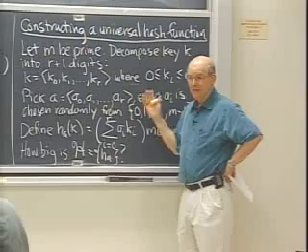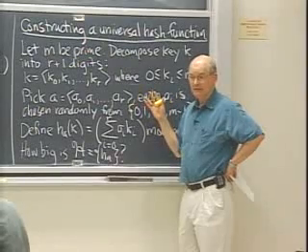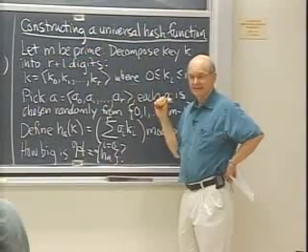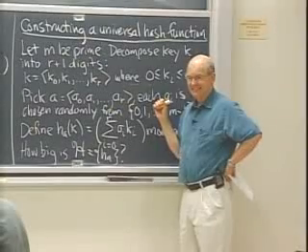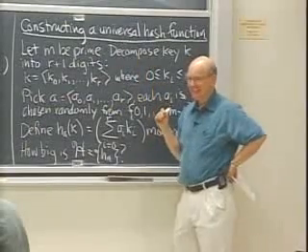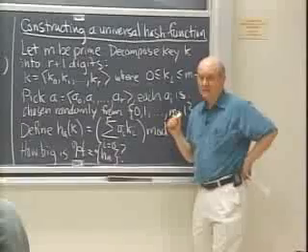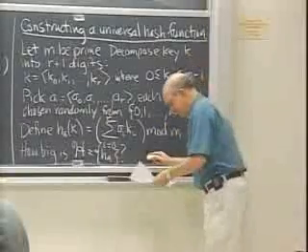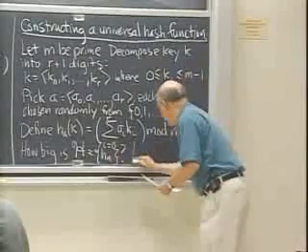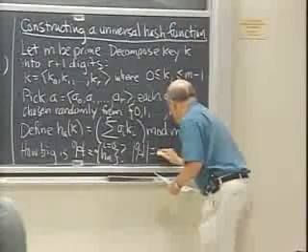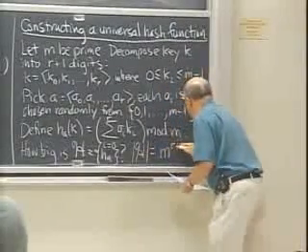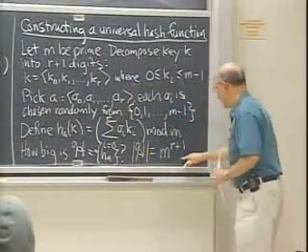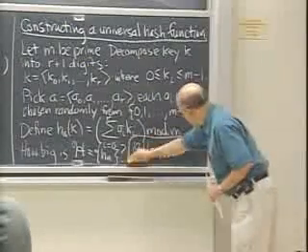M minus 1 to the r? Nope. Close. It's a big number. M to the r plus 1. Good. So the size of H is equal to m to the r plus 1. We're going to want to remember that.